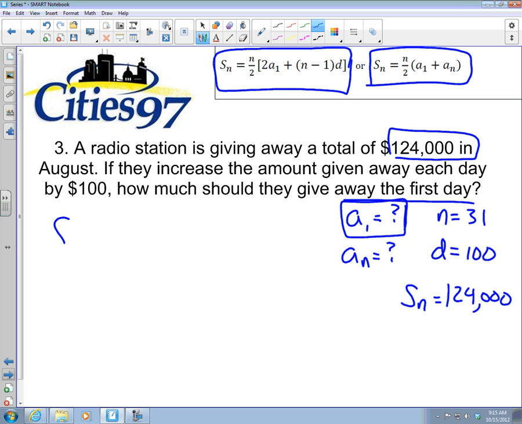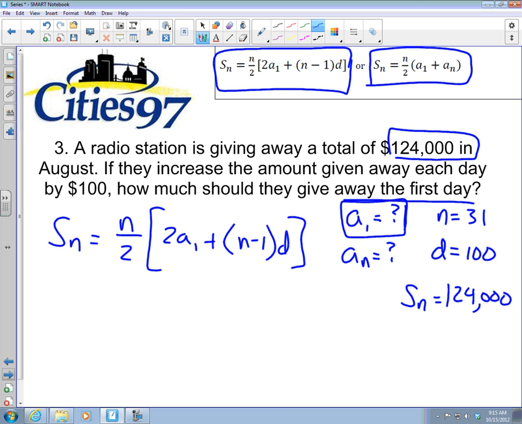So S sub n equals n all over 2 times 2 a sub 1 plus n minus 1 times d. So you guys plug in n, d, and S sub n, the summation, and you should get this.